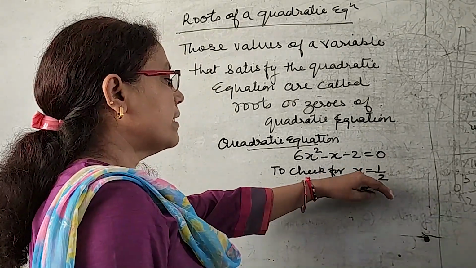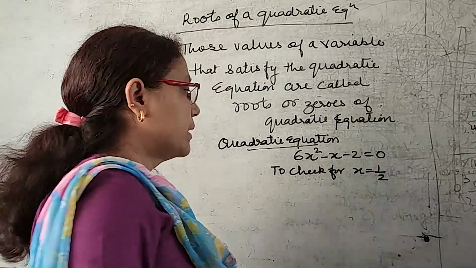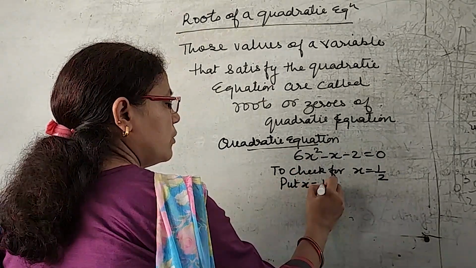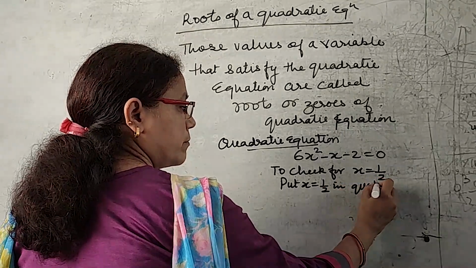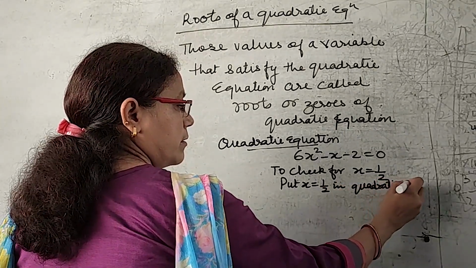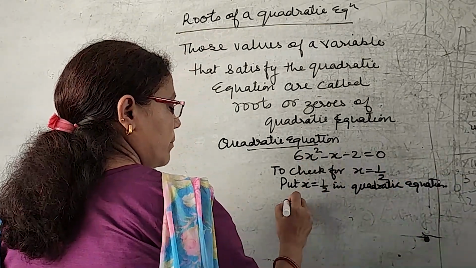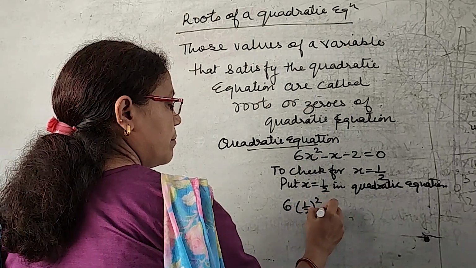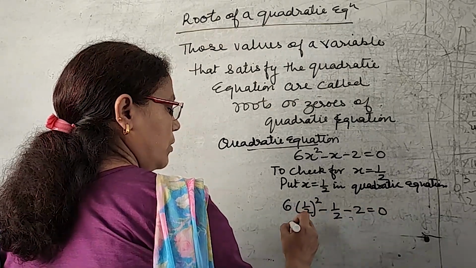So we have to check whether x equal to 1 by 2 is a zero of this quadratic equation or not. So put x equal to 1 by 2 in the quadratic equation. So it will be 6 into (1 by 2) square minus 1 by 2 minus 2 equal to 0.